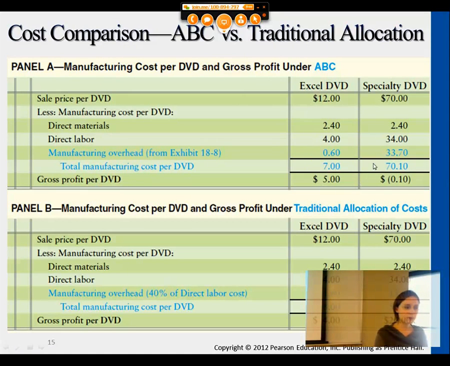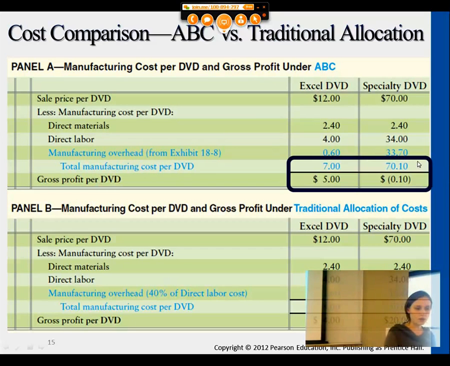We know our manufacturing cost per unit, per DVD. And so we found our gross profit here. Okay, so what do we see here? Our manufacturing cost per specialty DVD is so high that our gross profit is negative. But for Excel DVD, we're still doing okay.